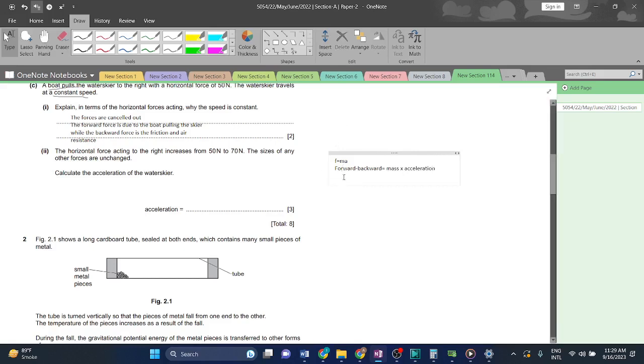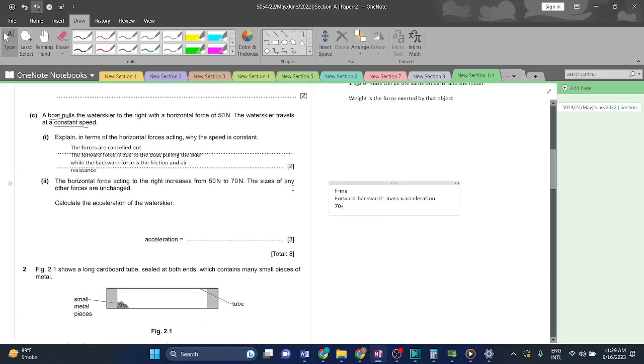What did I tell you initially? The forward force has become 70 newtons. Initially the backward force and forward force were equal, meaning the backward was the same as the forward. That is why the resultant force was zero. But now the resultant force is a certain value, because the forward force has increased from 50 to 70, while the backward force, the force of air resistance and friction, has not changed and has remained at 50, right?